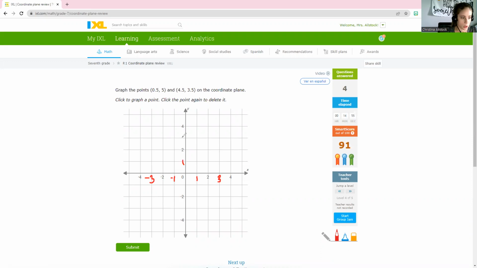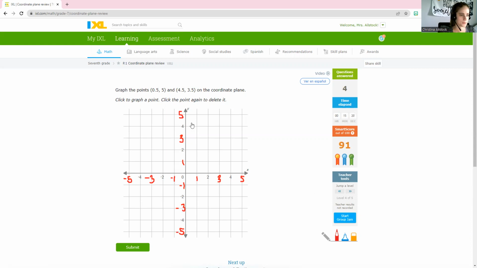So this would be 1, this would be 3, this would be 5, this would be -1, -3, -5. And I guess I can put my 5s on this too. So if it ever helps you to fill in the labels that they skipped, you're more than welcome to.